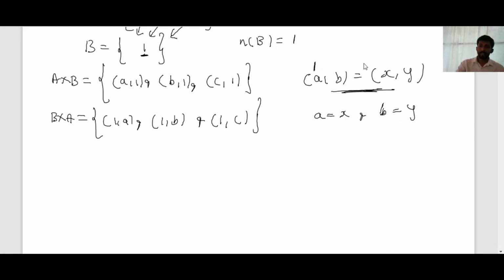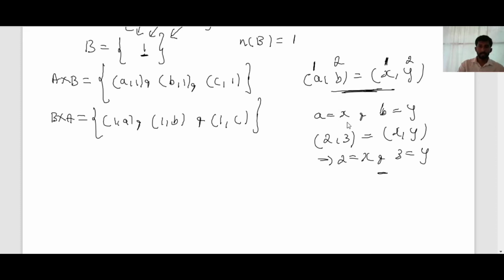That means the first element is equal to the first element, the second element is equal to the second element. (a, b) equal to (x, y) means a must be equal to x and b must be equal to y. Suppose here I am writing (2, 3) is equal to the ordered pair (x, y). This implies 2 equals x and 3 equals y.